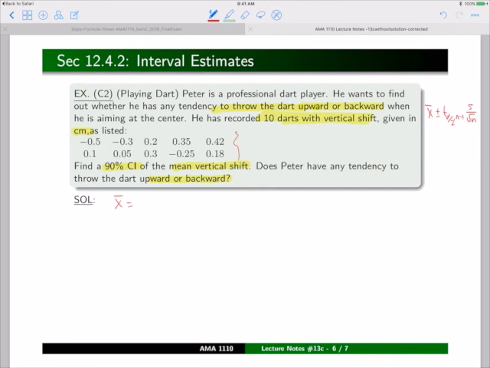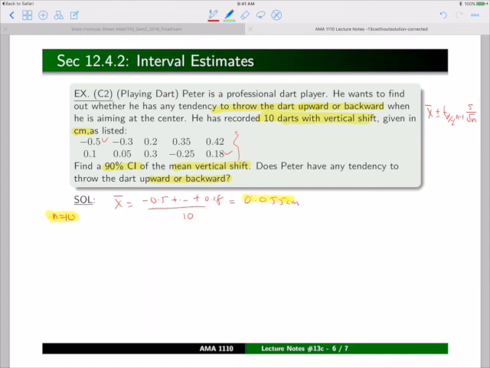Of course, n is equal to 10 measurements here. N equal to 10, so let's highlight that in yellow. Sample mean will be minus 0.5, plus all the way down the list up to 0.18, divided by 10, so that will be just 0.055 centimeters.